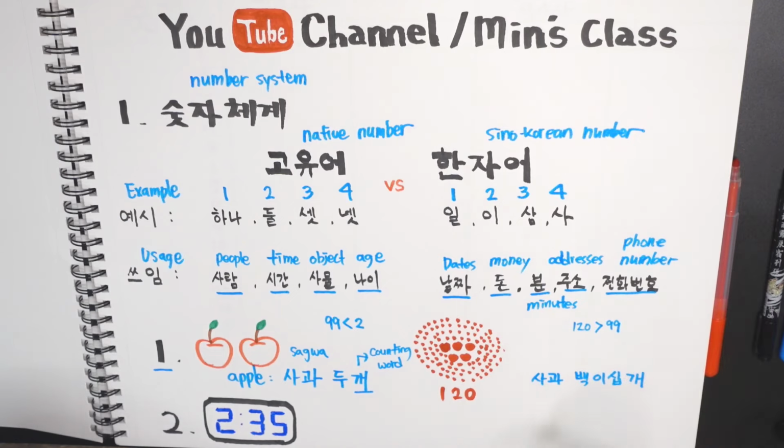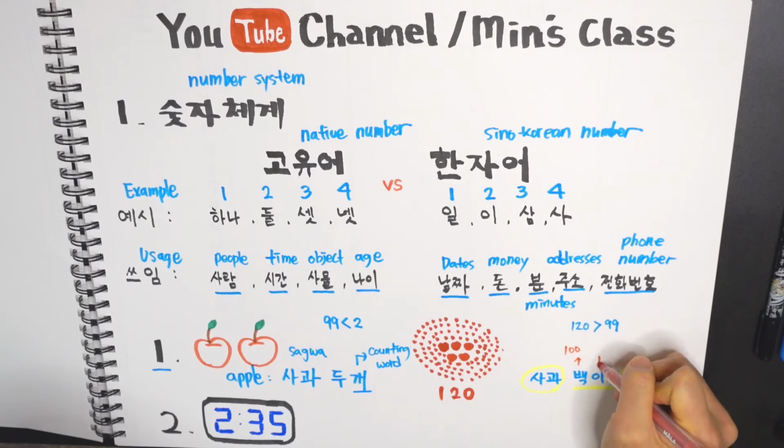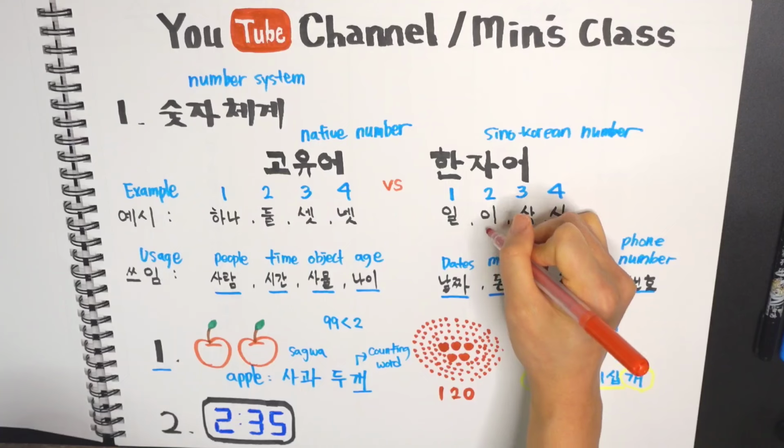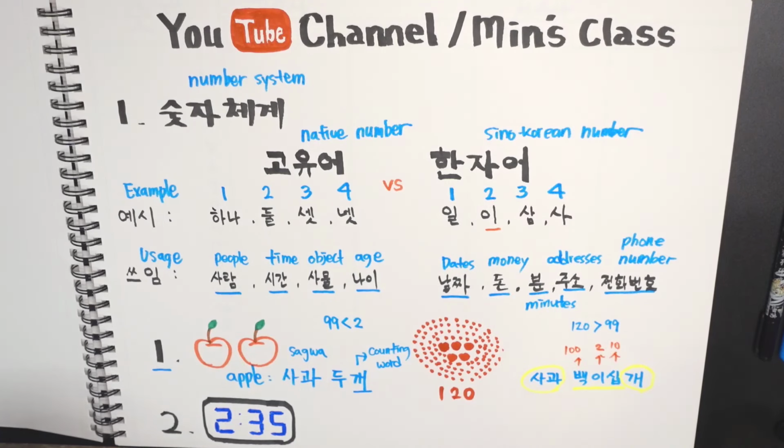And here, the only difference is 120, and the rest are the same, right? So 사과 is apple, 개 is the counting word. So 백 is 100, and 이 is 2, like over here, and 십 is 10. Okay, so when the number gets higher and higher, it's very difficult to count them in native number system. So we use Sino number system.